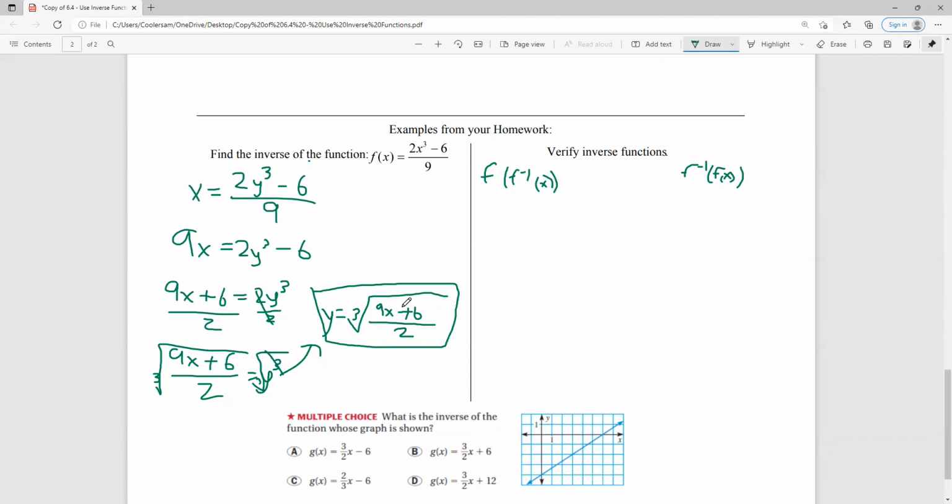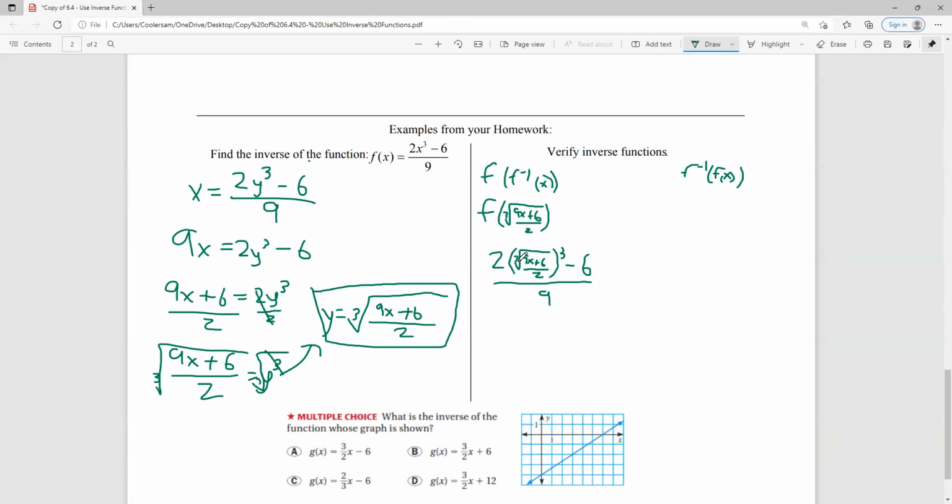To do that, we take our inverse function, the cube root of 9x plus 6 over 2, and plug it into this function. So we're going to have 2 times all this to the power of 3 minus 6 over 9.